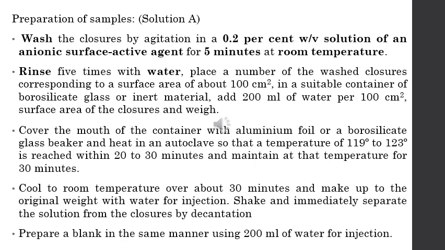So we need a container in which we keep the rubber closure, so that the area covered with the rubber closure is about 100 centimeters square. After that, we add 200 ml of water per 100 centimeters square of the area, and weigh it. The mouth of the container, which may be borosilicate glass or any metal, is covered with aluminium foil, and it is autoclaved at 119 to 123 degrees Celsius.